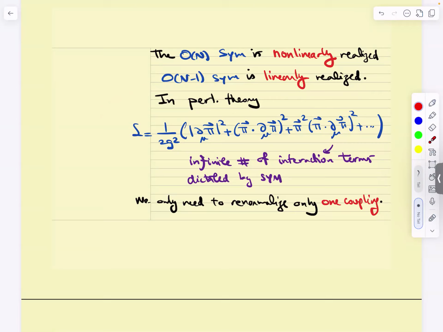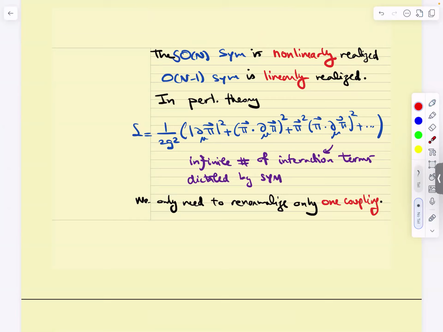You're going to path integrate over it anyway, right? It's just a basis. It's a frame to describe this theory. In this frame, the SO(N) symmetry is nonlinearly realized, and O(N-1) is linearly realized.